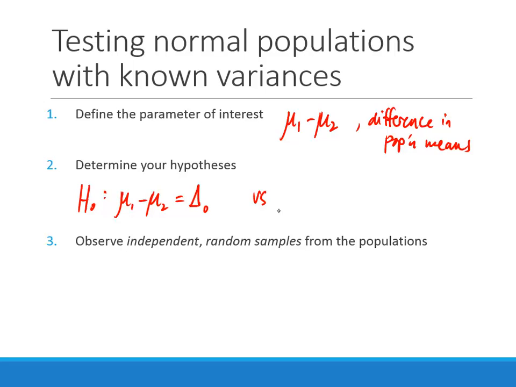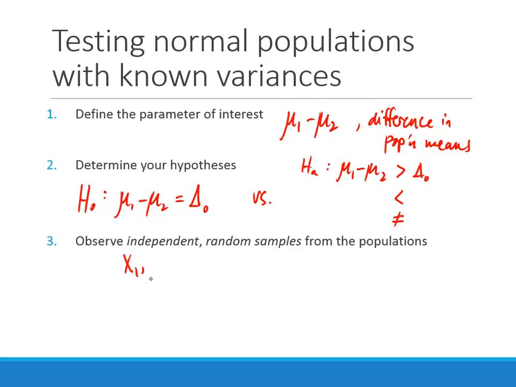And then the alternative is the same as we've seen before: this difference is either greater than delta 0, less than, or not equal to. So I'll still have one of the same three alternative hypotheses that we've had before, just translated into this new setting. Okay, so then I want to observe independent random samples.